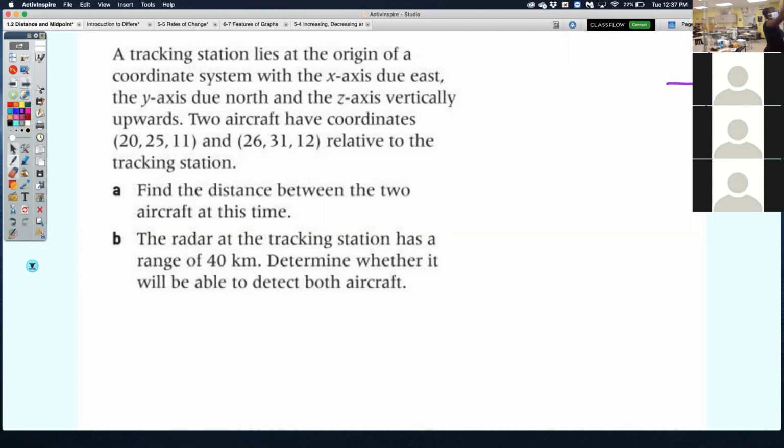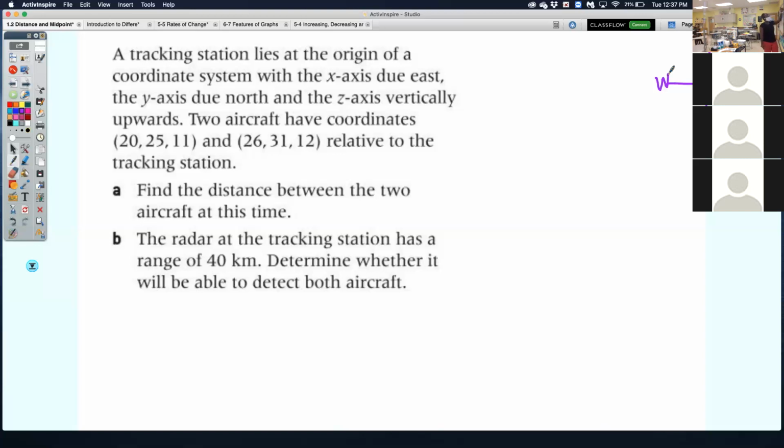And then I go which direction? Very good. So basically, they're telling you where your x-axis and your y-axis are. X is due east, so that means it runs along that east horizontally. Y-axis is due north, and the z-axis is vertically.